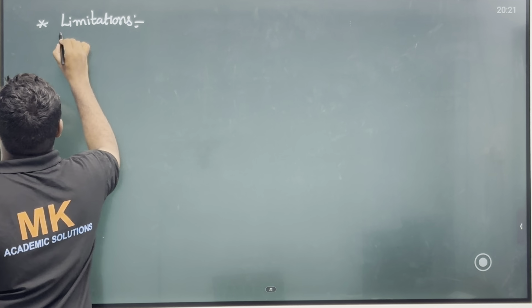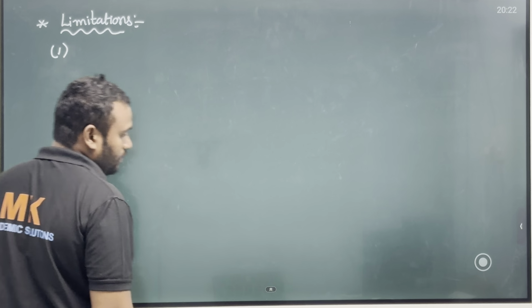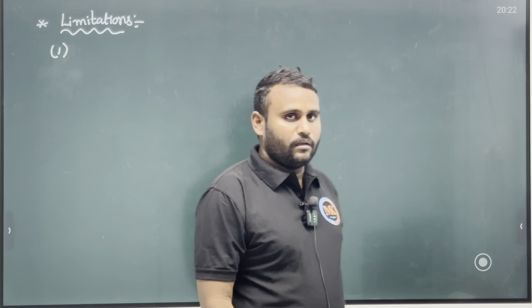Okay, so what are the limitations of Arrhenius theory? The first one is that it is applicable only for simple gaseous molecules or binary collisions.